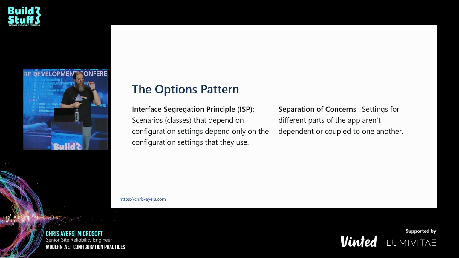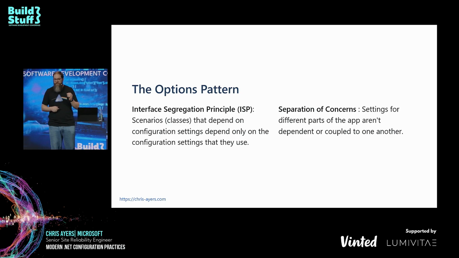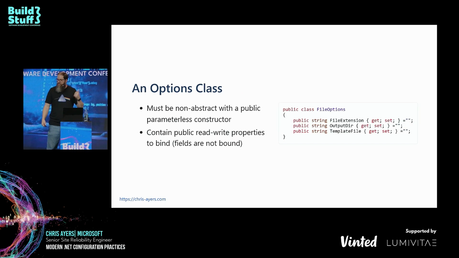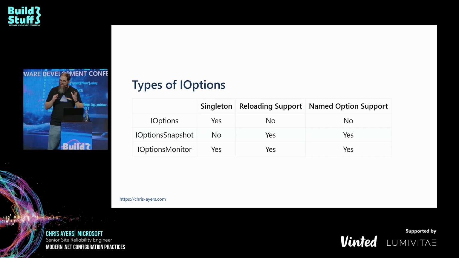Most things you want really tight settings passed in, so you want separation of concerns and segregation. This is where I start making these option classes like we just saw. Like I said, public constructor, public read-write properties. There are actually 3 types of options: IOptions, this snapshot, and this monitor.